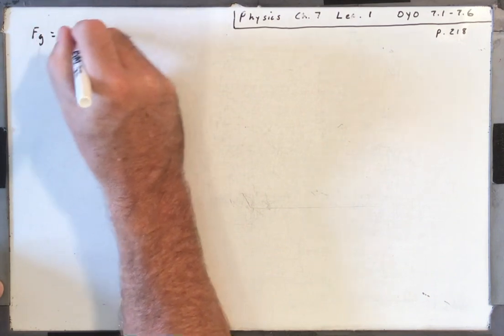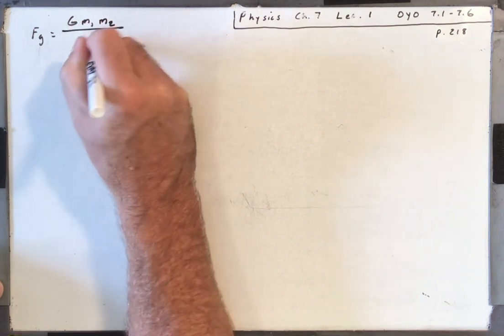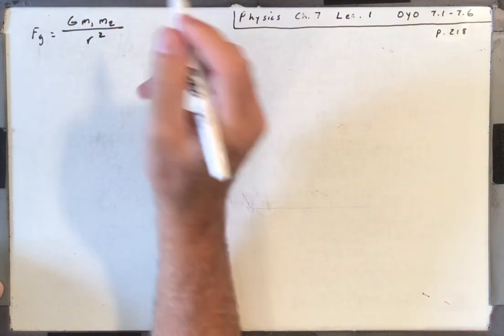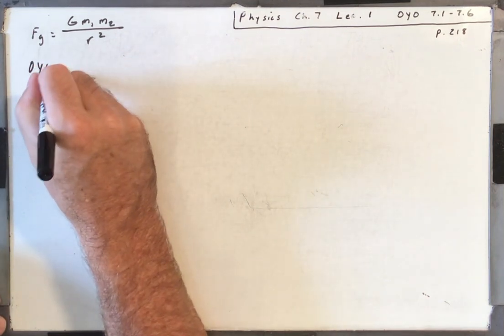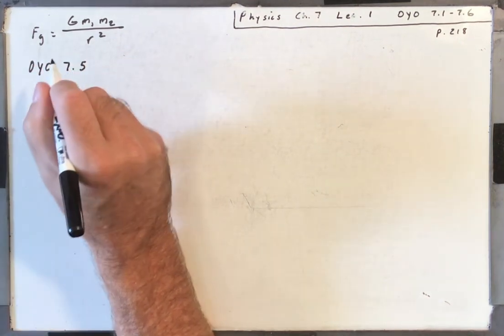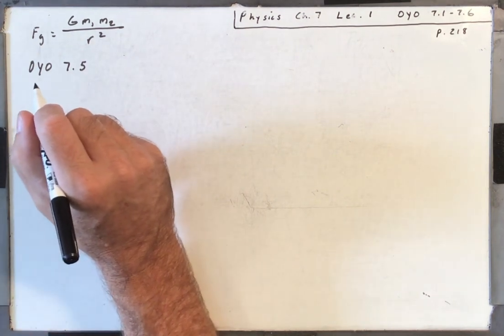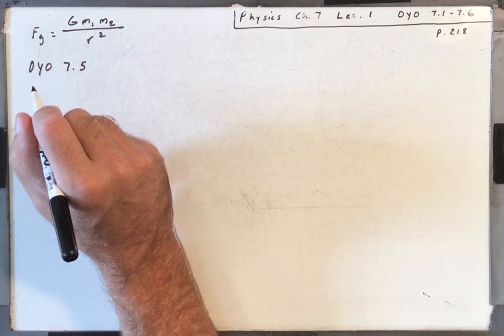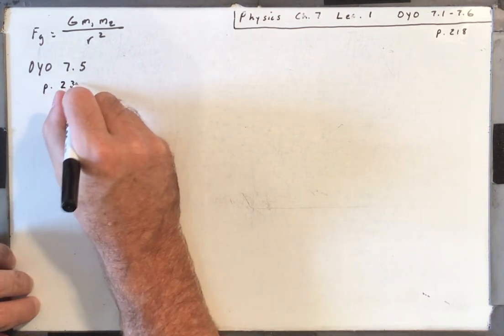F sub g is equal to G times m1 times m2 over r squared. All right, on your own 7.5. And there's quite a few pages in your notes to read through. You should read it on page 234.